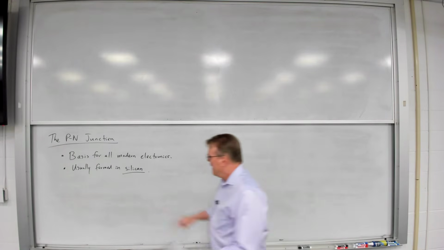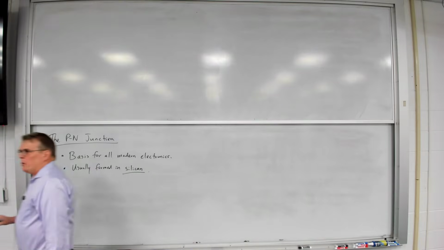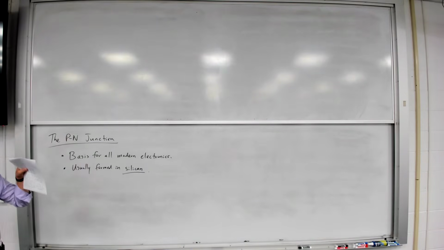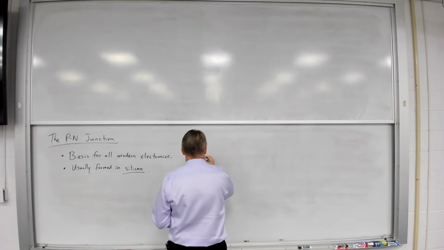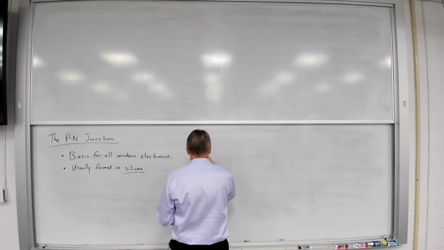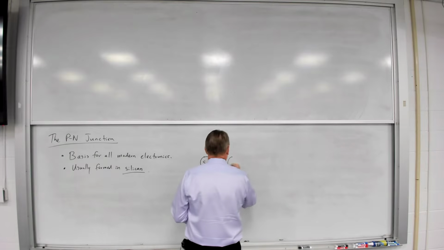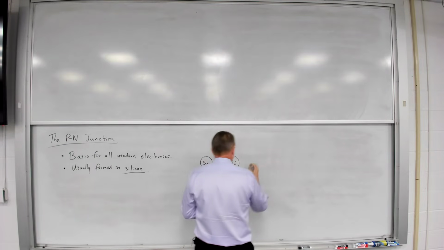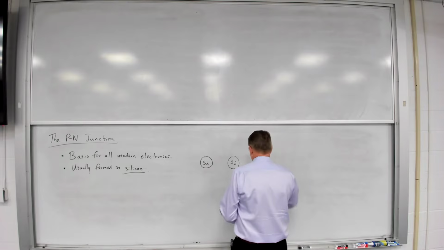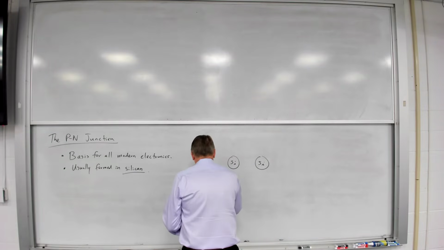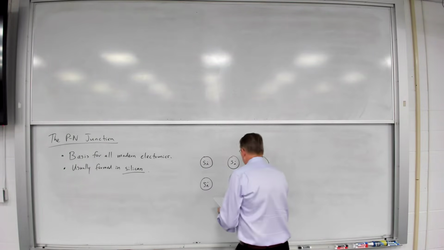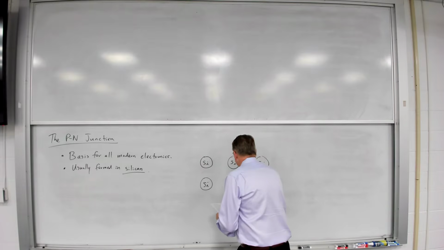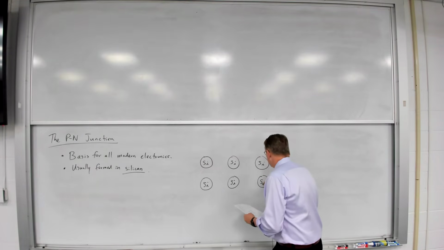So how does a p-n junction work? Well, first we want to look at the atomic level. I'm going to draw a lattice of silicon atoms.